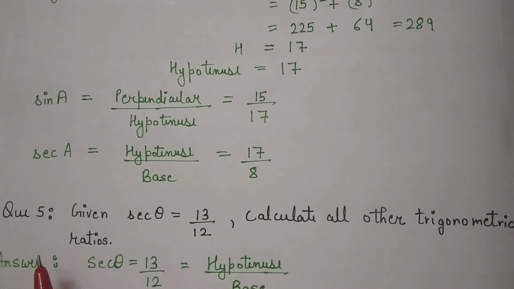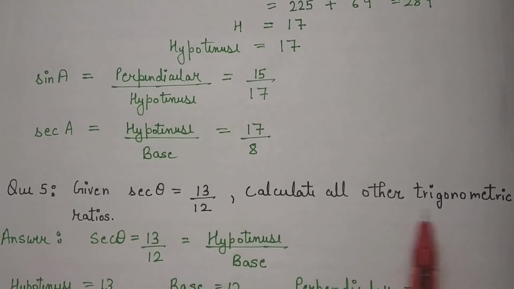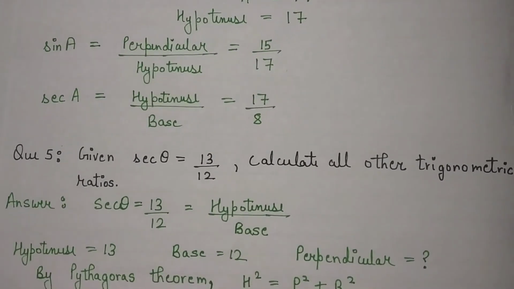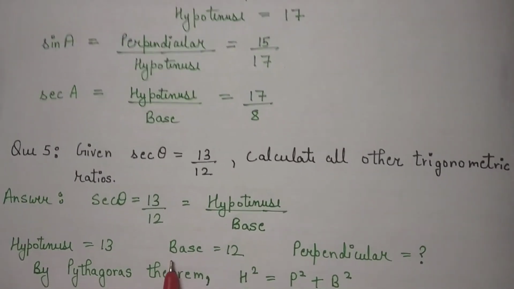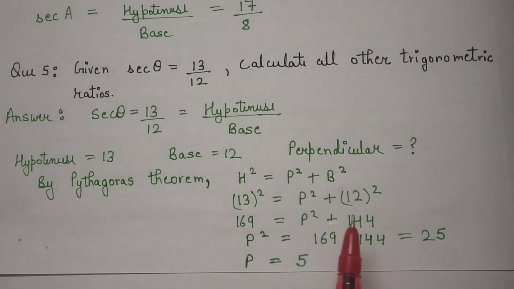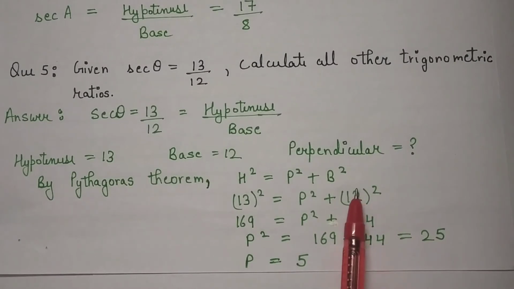Question number 5. Given secant theta is equal to 13 by 12, calculate all other trigonometric ratios. What is secant theta? Hypotenuse over base. Means I have the hypotenuse and base, and the perpendicular is the third side, which I will find out. Hypotenuse square is equal to perpendicular square plus base square.